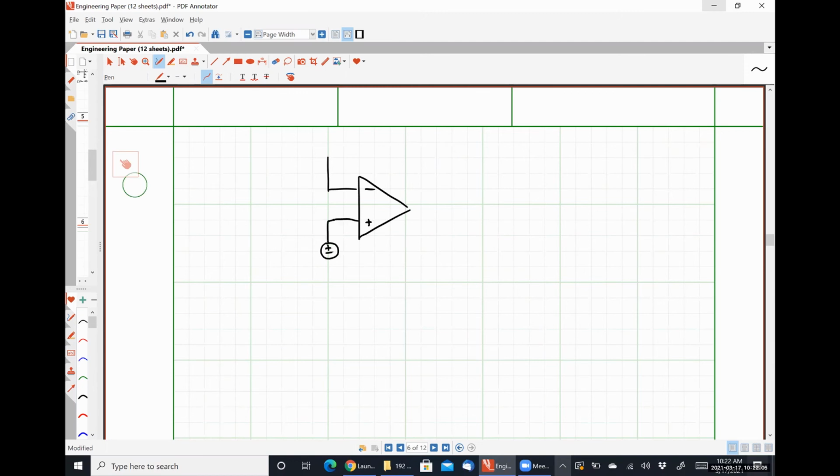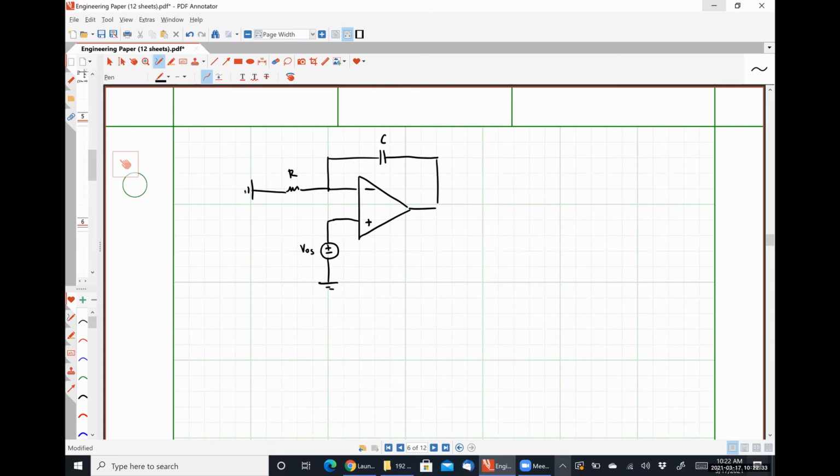And I'm going to refer my offset voltage to the non-inverting input terminal. Here I have my capacitor. Here's my resistor. And I am not going to apply a traditional sinusoidal or time varying input signal.